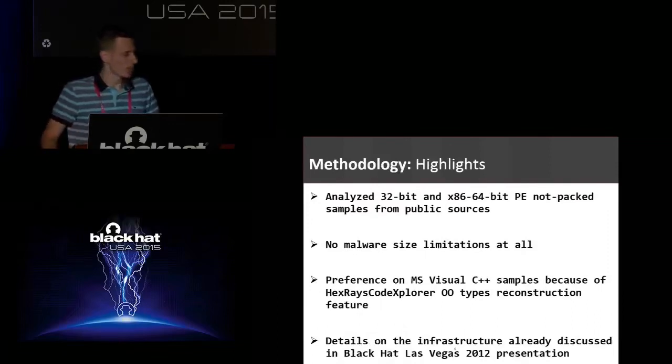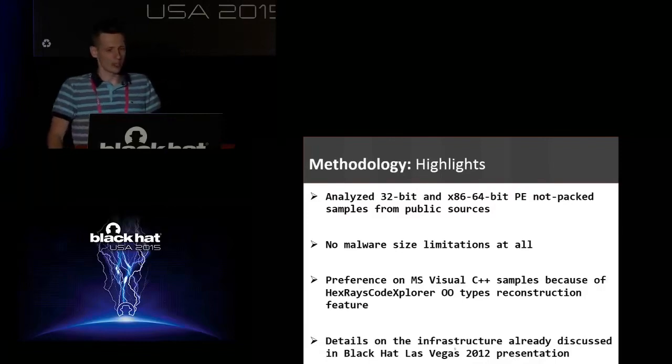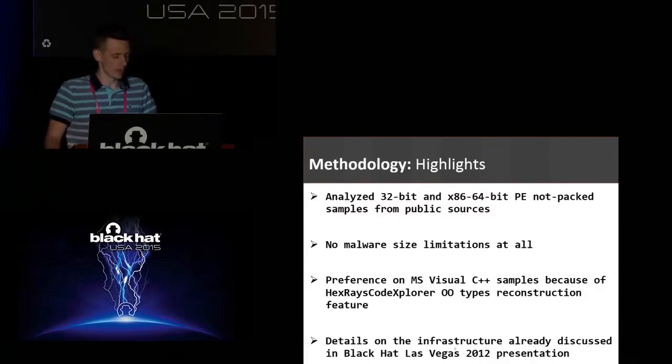Some important notes about the methodology. We concentrated our attention on 32-bit and 64-bit binaries. We didn't impose any limitations on the size of the malware, so we analyzed samples as big as 50 megabytes and as small as only a few kilobytes.